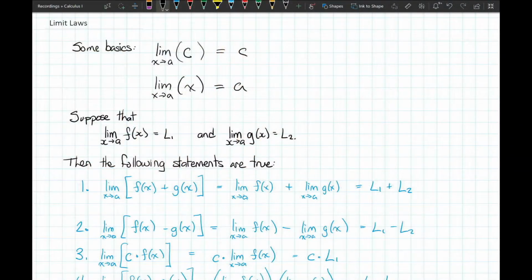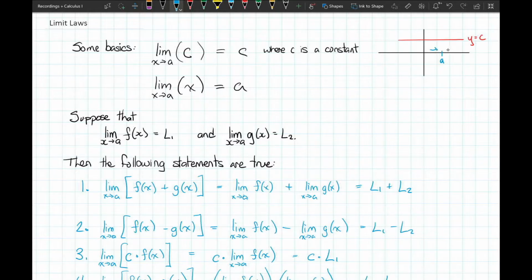So let's start off with a couple really basic types of limits. These two basics here. The limit as x approaches a of c equals c, where c is a constant. Now hopefully this should make sense, because if we have a function f of x equals c, then it's just a horizontal line. So here's a graph of y equals c, and imagine that we're trying to find the limit as x approaches some value here a.